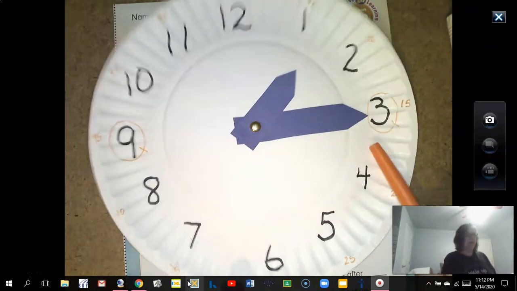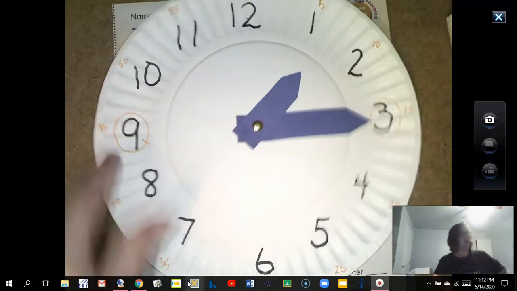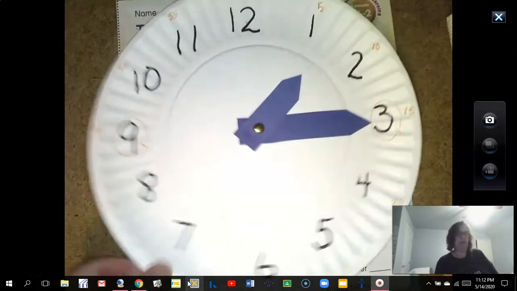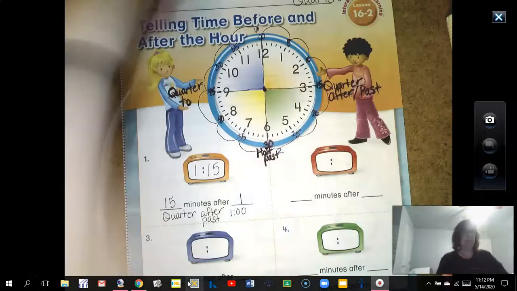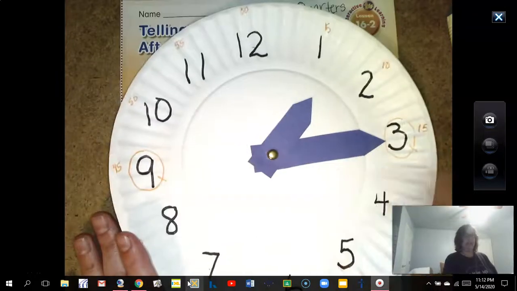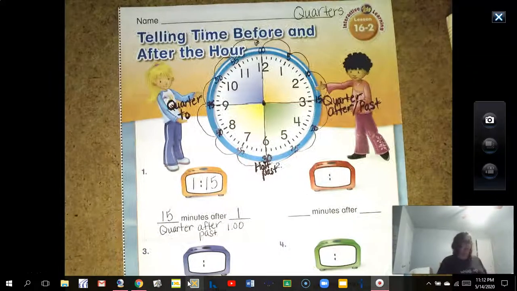So that whenever that minute hand's on there, you know that you can say 1/4 after whatever the hour, or 1/4 to whatever the hour will be. All right? And then you can use this clock when you do the test. So making this clock was a good thing because you can use this on your test. You can also use this on your test if you'd like.